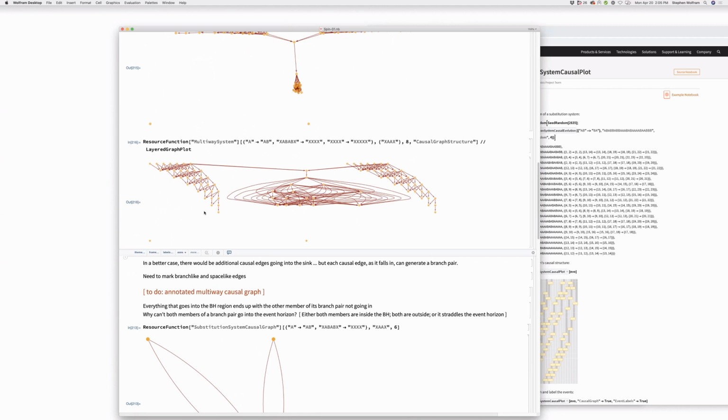Fair enough. Okay, let's go back to talking about mass and spin. In this case, the argument would be that the energy of the black hole is associated with the number of incoming causal edges. What is interesting about black holes at some level is how parameterless they are. They only have mass and spin, and potentially these global conserved quantities like baryon number.